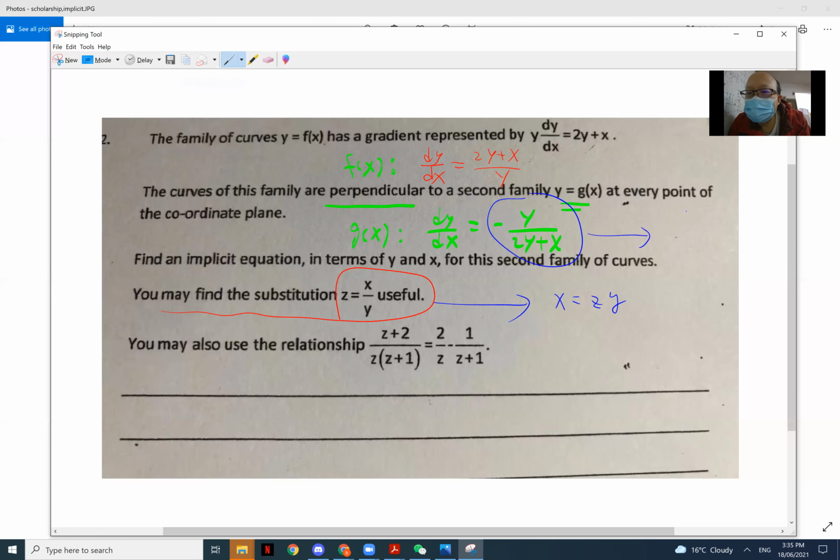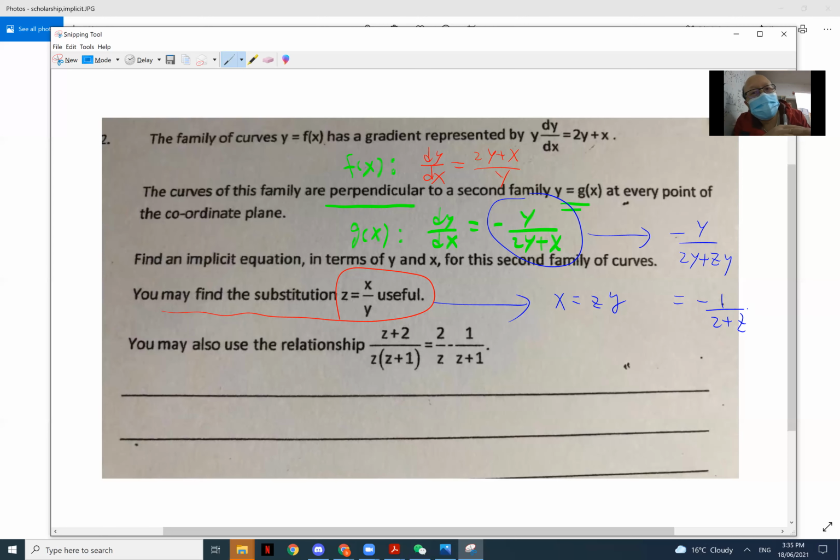Which means here we get negative y over 2y plus zy, which is just negative 1 over 2 plus z. There's no y. Understand this step? No y on the right-hand side.